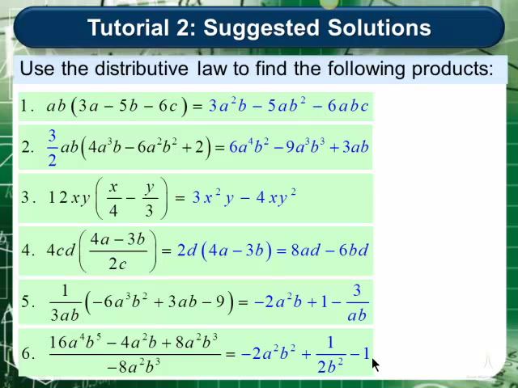So you can see that the distributive law in this case applies. It is as if we have multiplied 1 divided by minus 8a squared b to the power 3 into the bracket containing the 3 terms in the numerator position. So that then concludes the suggested solutions for tutorial 2.